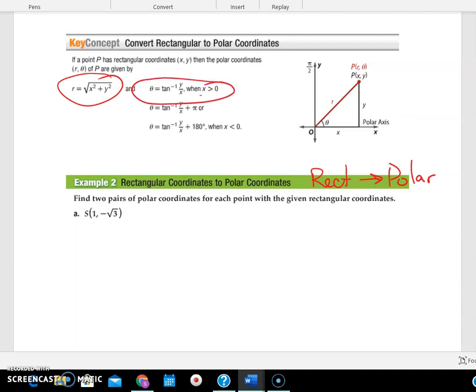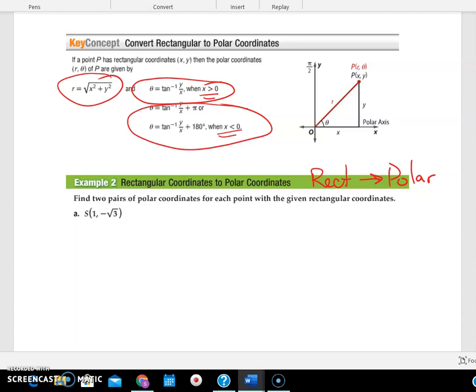One being, what if the x that we're given in our rectangular coordinate is greater than 0? Then theta is going to be the inverse tangent of y over x. If x is less than 0, we're going to take the inverse tangent of y over x plus pi, or you could do plus 180, whichever you prefer, whether you're going to go in radians or degrees.